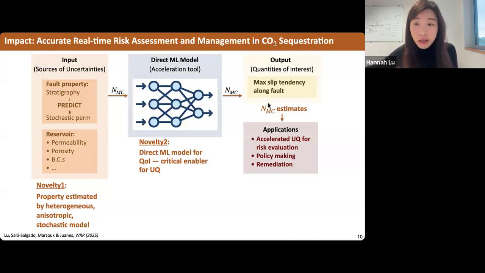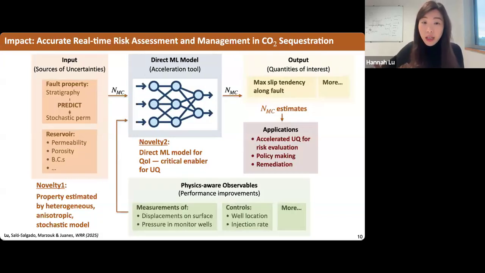We can make real-time assessments of the induced seismicity risks, as well as support policy making and remediation plans for CO2 sequestration. The same framework can be extended by adding some physics-informed observations to provide more information for the learning process and improve the learning performance.